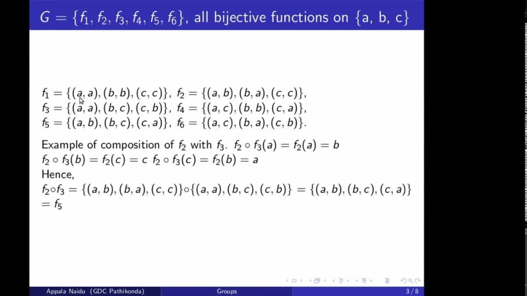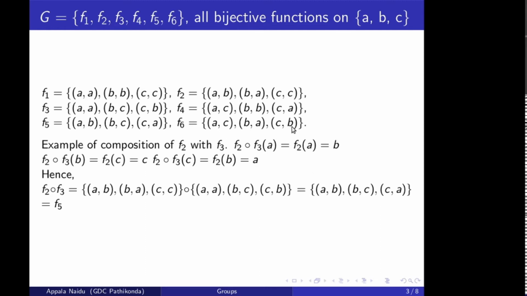F1 is A is mapping to A, B is mapping to B, C is mapping to C. F2 is A is mapping to B, B is mapping to A, C is mapping to C. F3 is A is mapping to A, B is mapping to C, C is mapping to B. F4 is A is mapping to C, B is mapping to B, C is mapping to A. F5 is A is mapping to B, B is mapping to C, C is mapping to A. F6 is A is mapping to C, B is mapping to A, C is mapping to B.